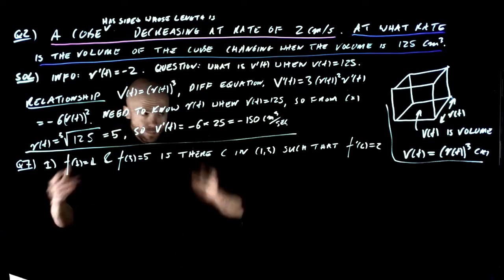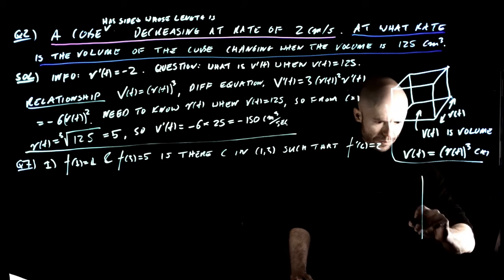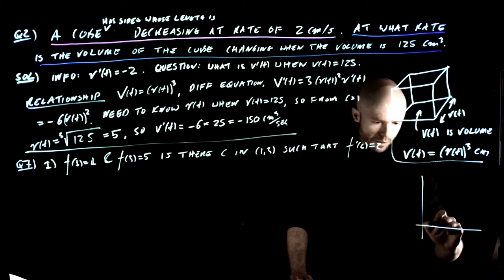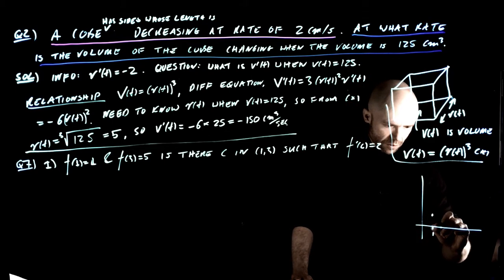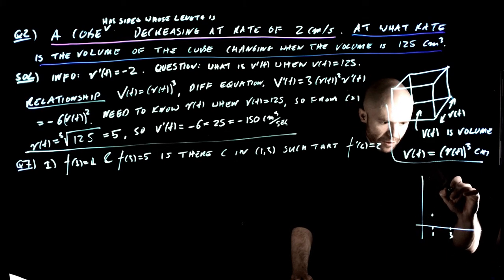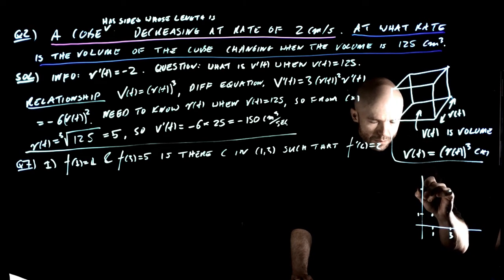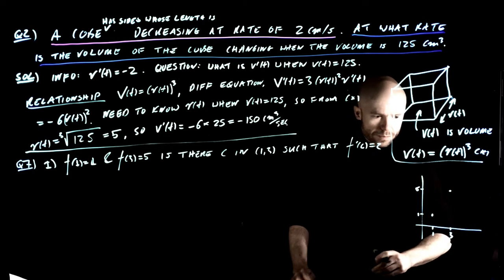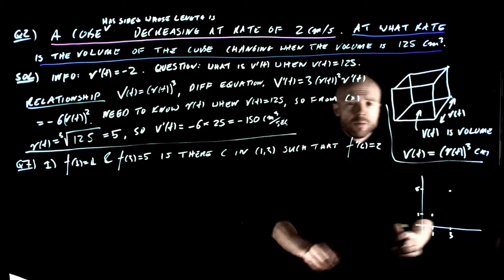Okay, so let's visualize the situation. So I have a function, and at 1 we are at 1, and at 3 we are at 5. And the question is there some c such that f prime of c equals 2?